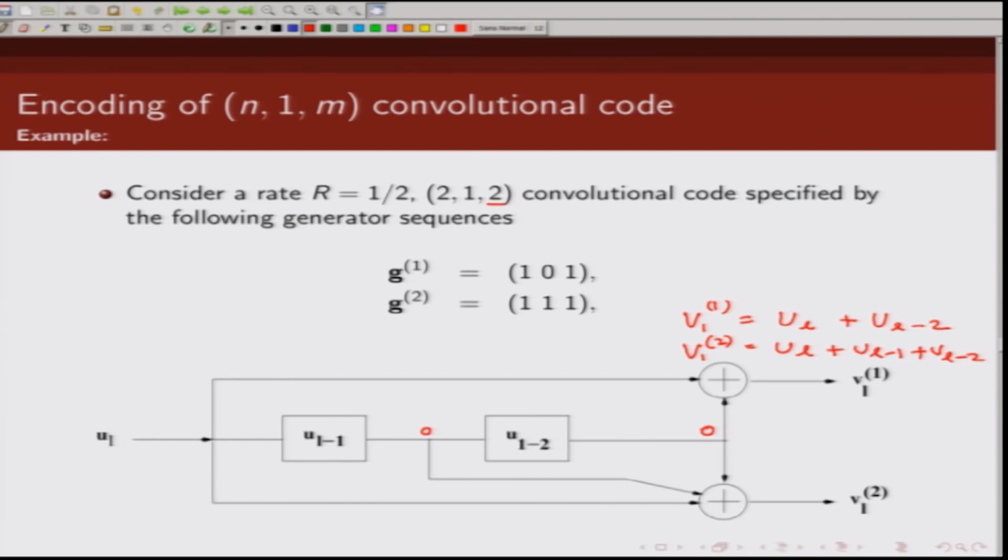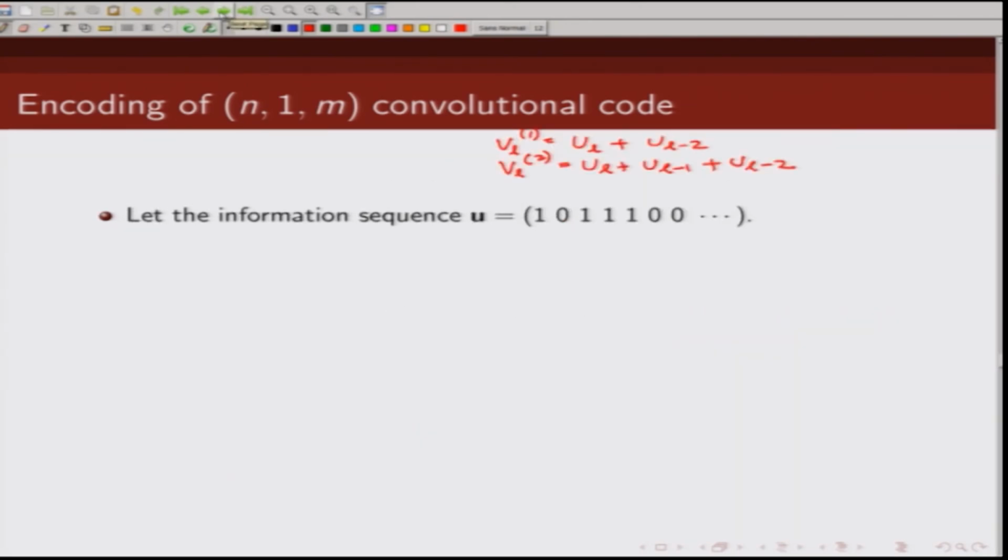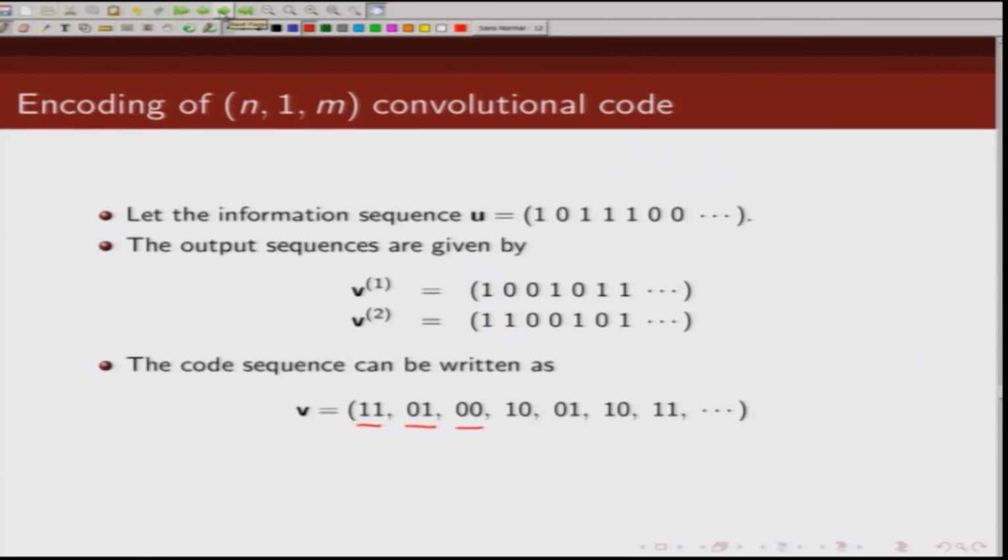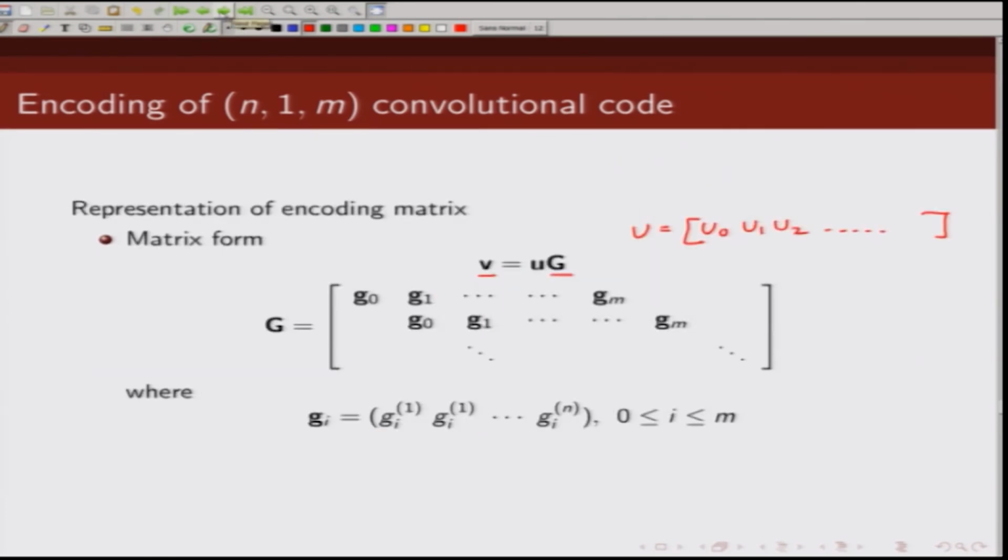So, what will be the first output that you will get here? That is nothing but U0 times G0. What is G0? G0 is this interconnection, which is connecting the input to the output. So, at the first time instance, the output is U0 times G0.